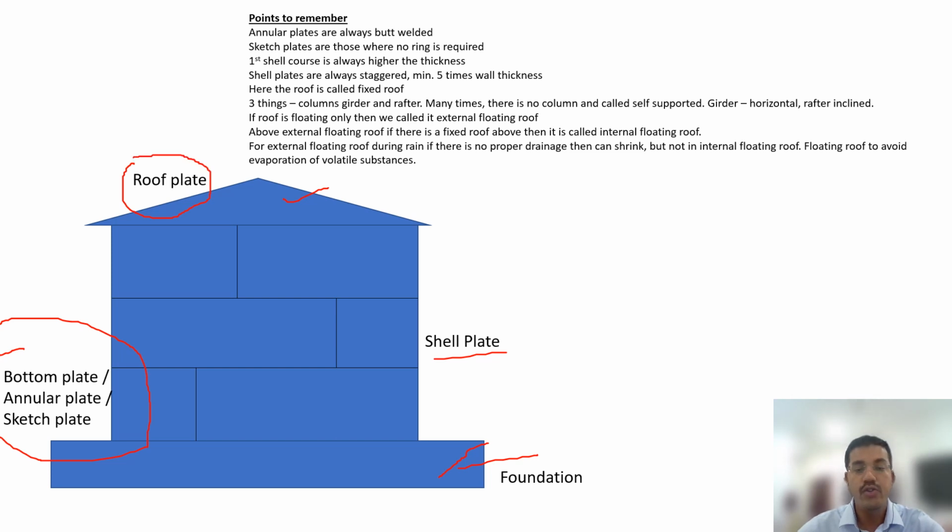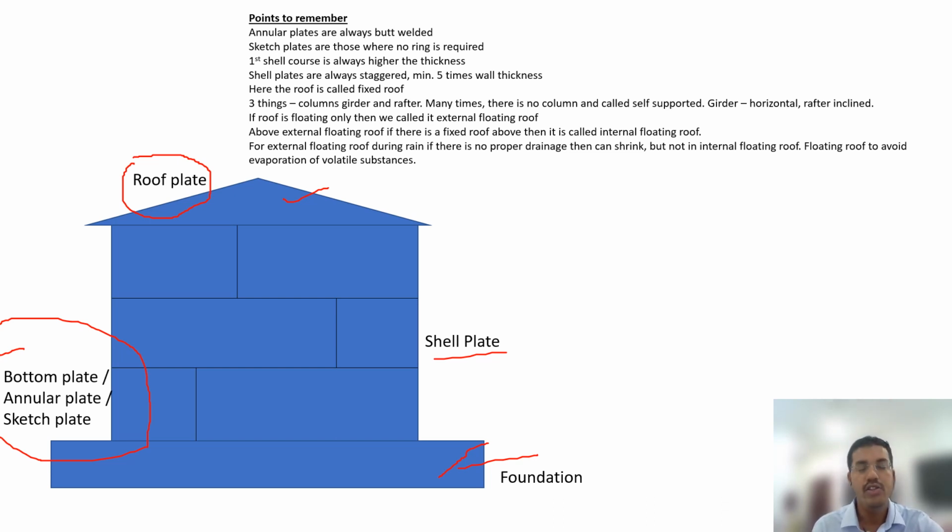So first, the foundation. The foundation is a civil work where before construction of any tank you have to prepare a foundation. The foundation can be a concrete foundation, a soil foundation, an asphalt foundation, or a different type of foundation. That depends upon the requirement of the owner or purchaser. How big the tank is, what is the purpose of the tank, what liquid it will hold.